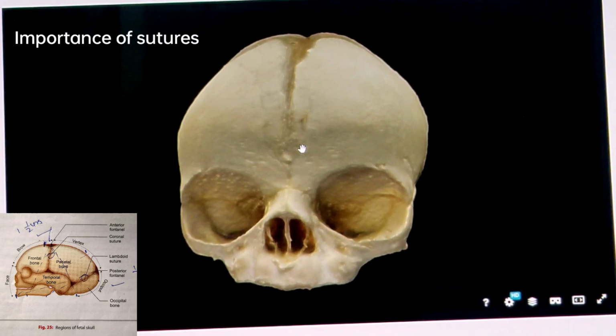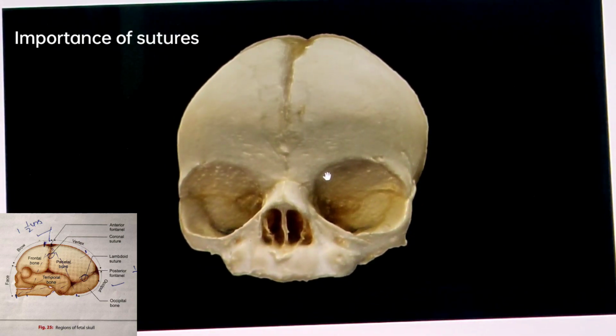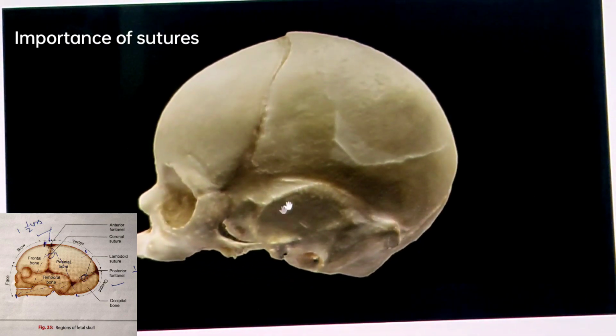So you get the idea of engagement of the head, degree of internal rotation of the head, and degree of molding of the head. So these sutures are important for these three.